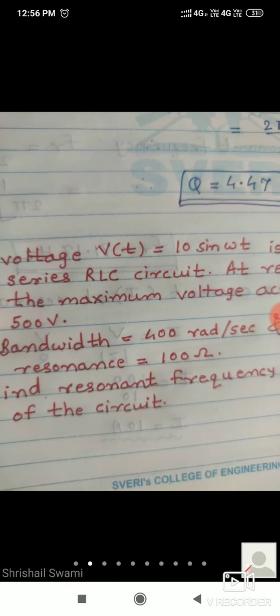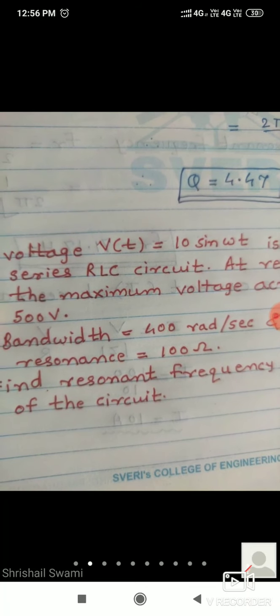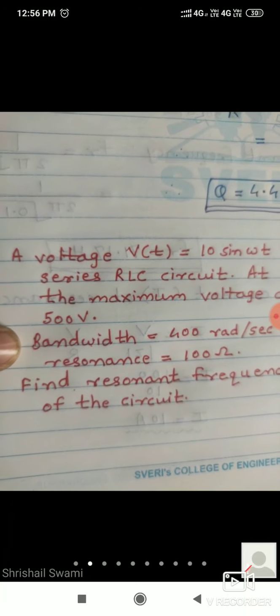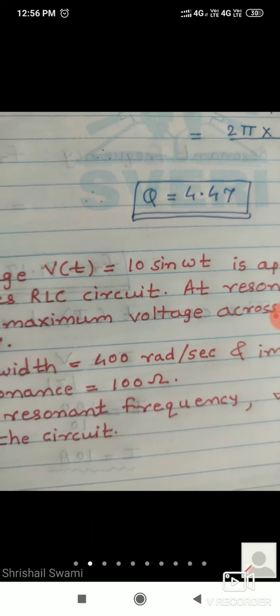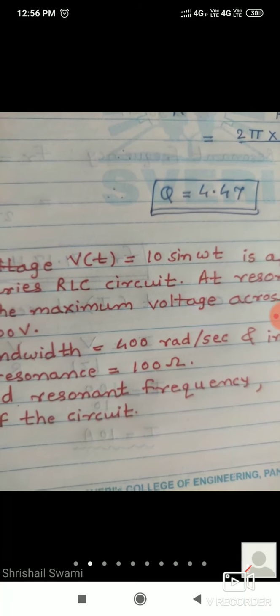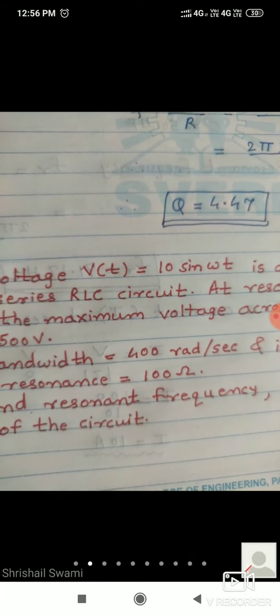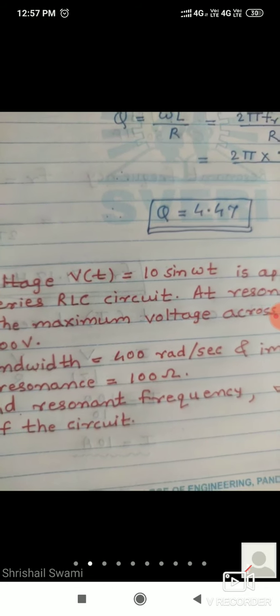So the voltage across the capacitor at resonance is given, that is VC is equal to 500 volt. Next, bandwidth is given as 400 radian per second. If it is mentioned in terms of hertz, then it is f2 minus f1. If it is mentioned in radian per second, then it is omega 2 minus omega 1. So based on the units you have to identify.